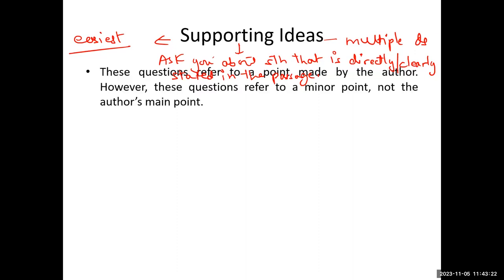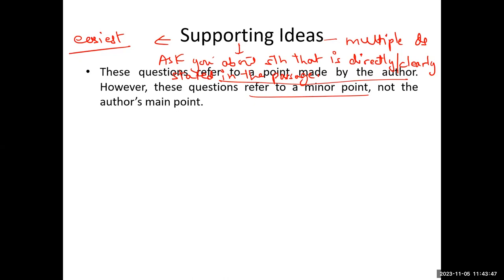So remember, these questions refer to a point made by the author, but they refer to a minor point, not the main point. So the answer will be right there in front of you. Where is the answer?